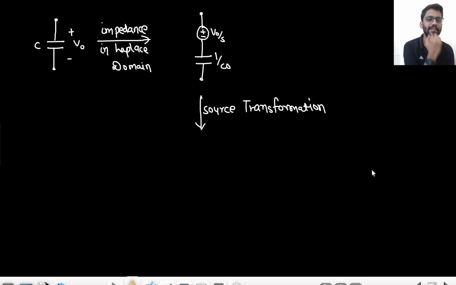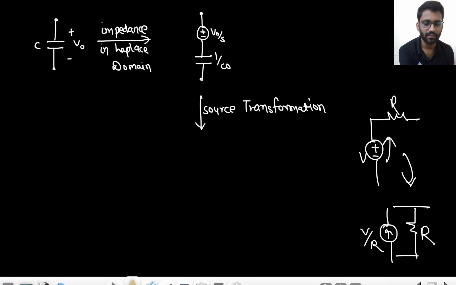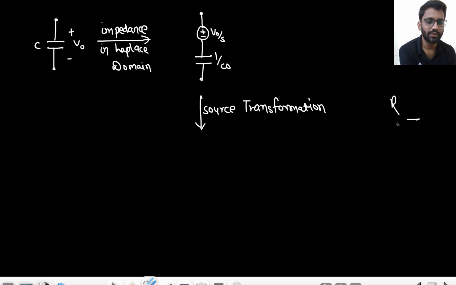So how will you apply source transformation? Let's assume you are having a voltage source of V and a resistance R. So what was the transformation? A current source of V by R, in the direction getting out of the positive, in parallel with the resistance R. This is what you will do here. This is a voltage source and this is a resistance.